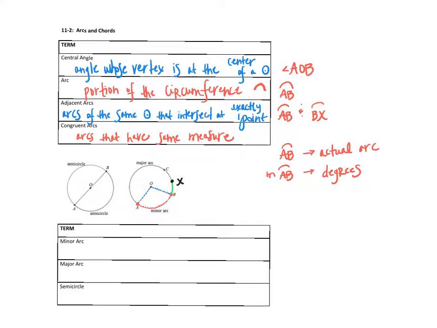Then we go a little further and we talk about what is a minor arc. Well, a minor arc, the measure is less than 180 degrees. So up above, we were looking at minor arc AB. And the reason I knew it was minor is because it's less than a semicircle.